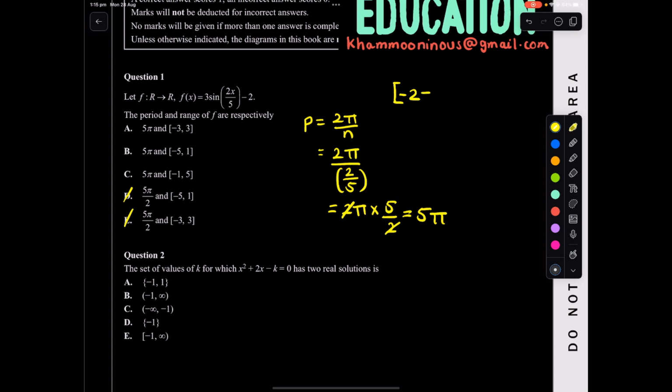Put a minus first, then your amplitude. Do the same thing, -2. Now put a plus, the 3 here. So that is your range. That's a quick way to do your range. So that'll be -5, 1. So -5, 1. B looks like your answer.